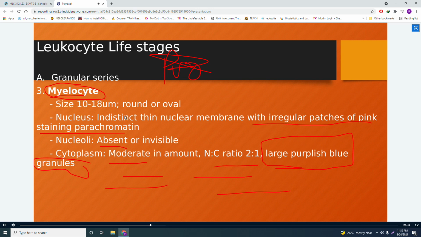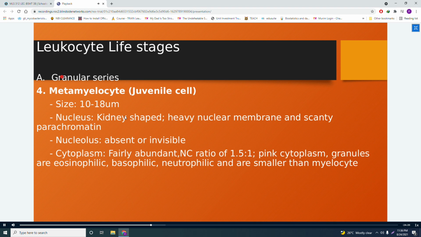Any questions? Wala? Okay. So after your myelocyte, you have your myeloblasts, your promyelocyte, your myelocyte, then we add the other prefix. We have your metamyelocyte. This is also known as your juvenile cell. Juvenile meaning bata. Has a size of 10 to 18 micrometer.